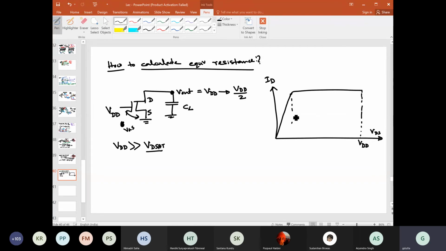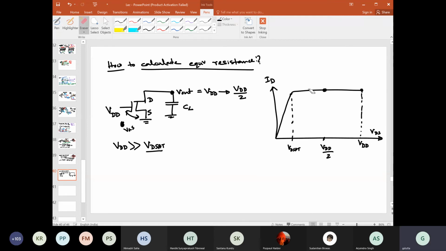We have said that VDD is much higher than this VDSAT, and this is also clear from here. Then if this is VDD, probably VDD by 2 is somewhere here, corresponding to this point.